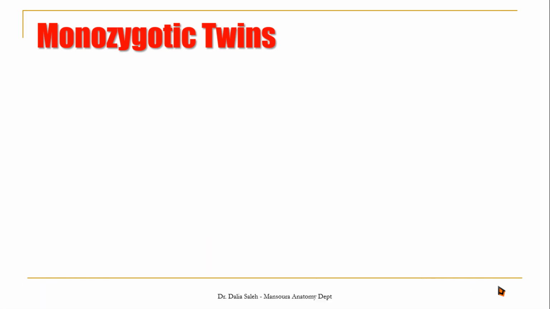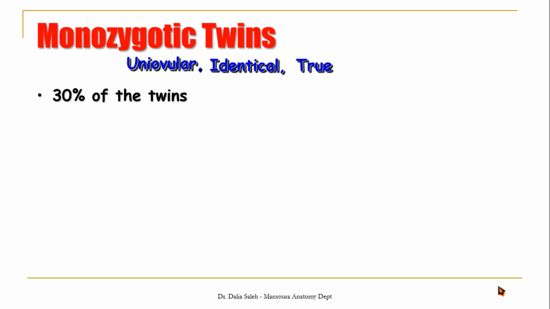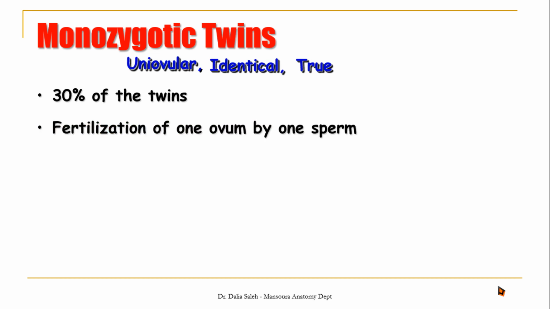While the monozygotic twins are called uniovular twins, or identical twins, about 30% of the twins are identical, and it is caused by fertilization of one ovum by one sperm. There are three types of the monozygotic twins.